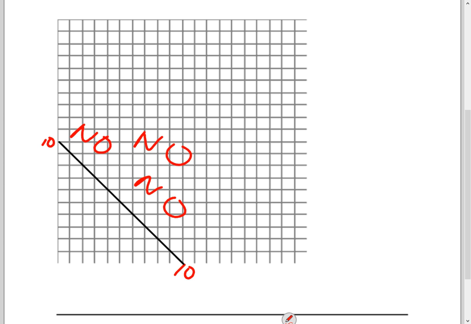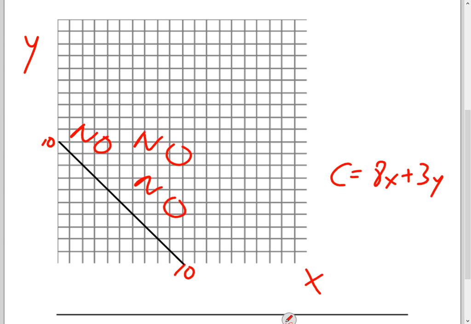This whole area is out of bounds because we're shading below, less than or equal to 10. Be careful. I labeled this X, I labeled this Y. Some people switch things up and it got them confused when they actually had to use the 8x plus 3y.